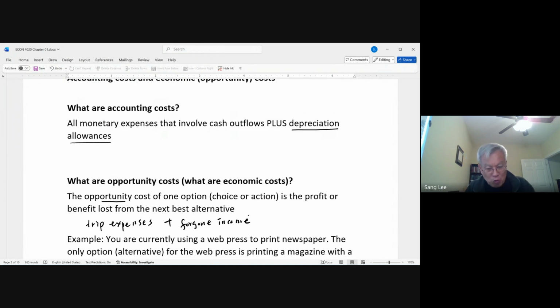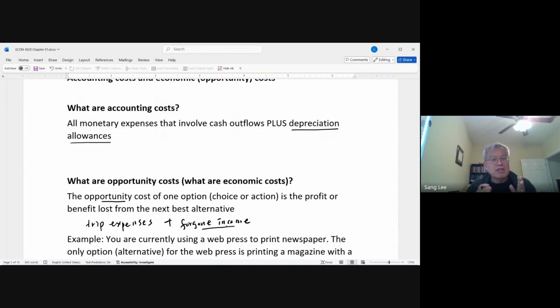You have to give up your weekly income. So if you join the trip, you have to forego that weekly income, because you cannot work while you are joining the trip. So it is a broader cost concept.